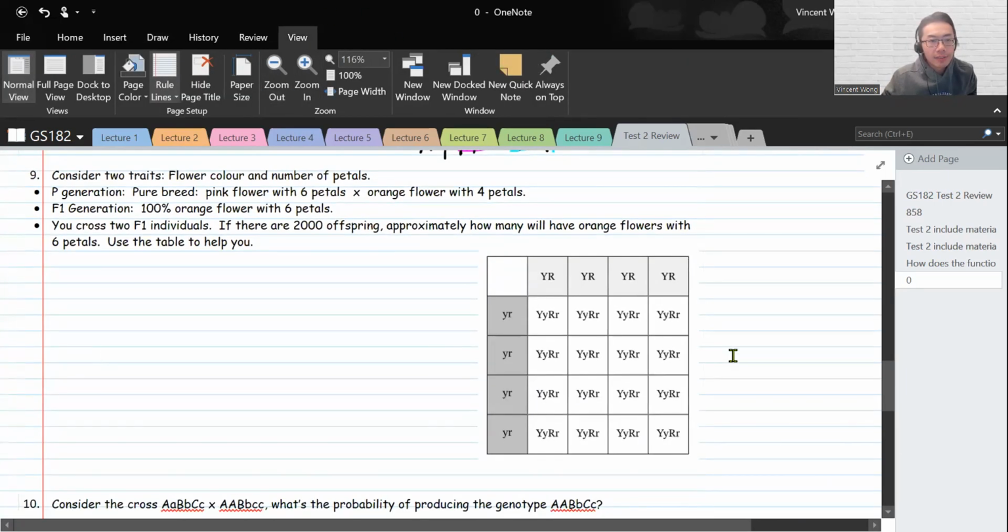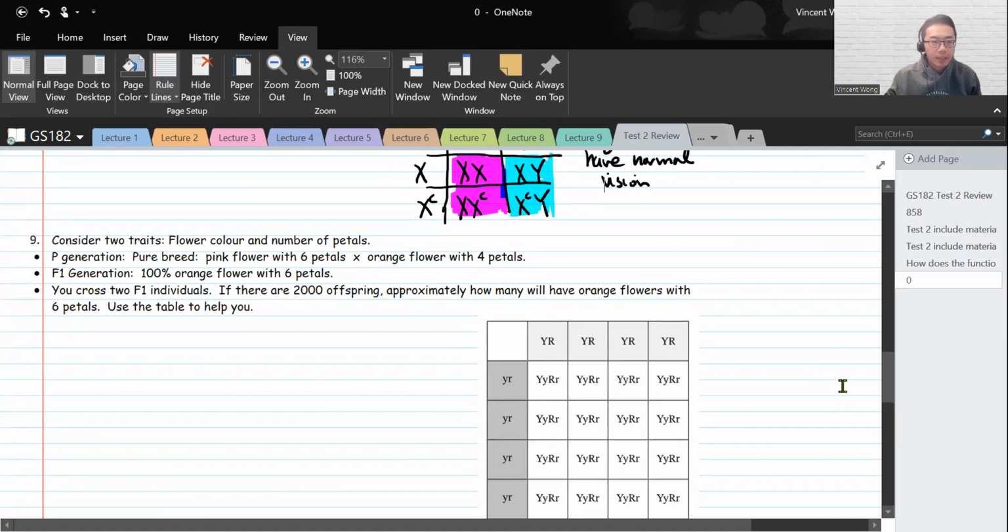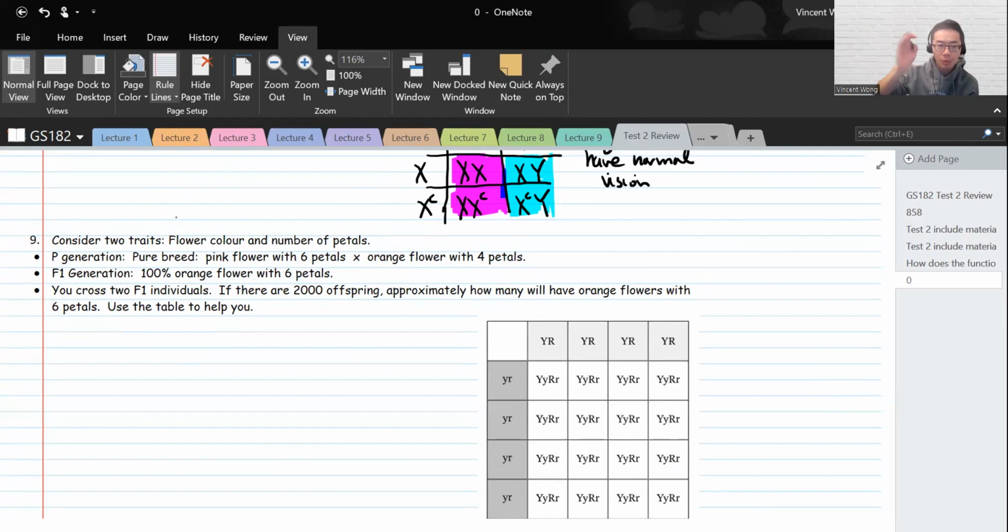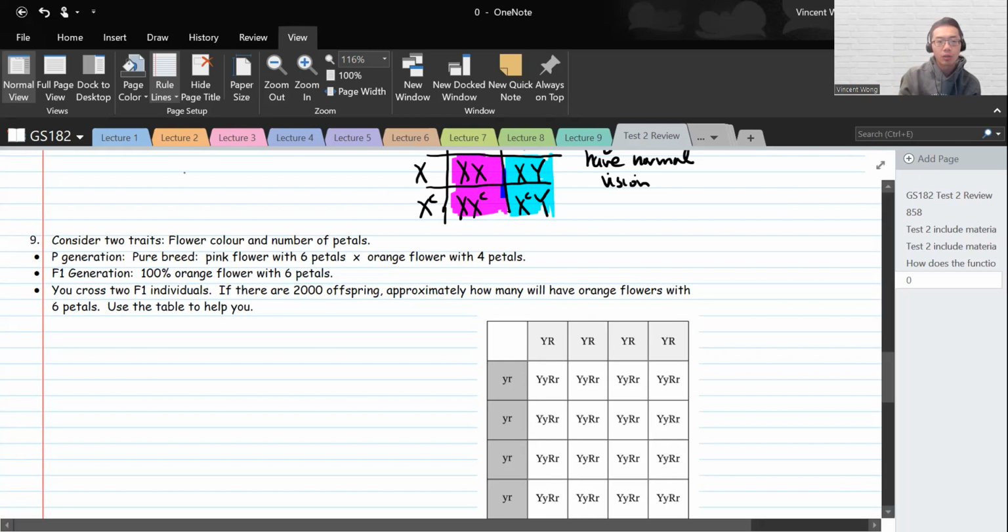Okay. Consider two traits, flower color and number of petals. The parent generation is purebred. Okay, so we have pink flower with six petals, orange flower with four petals. F1 generation, 100% orange flower with six petals. So I've said this in class a couple times already. If you start with purebred parents in the P generation, then everyone in the F1 generation will exhibit the dominant trait.